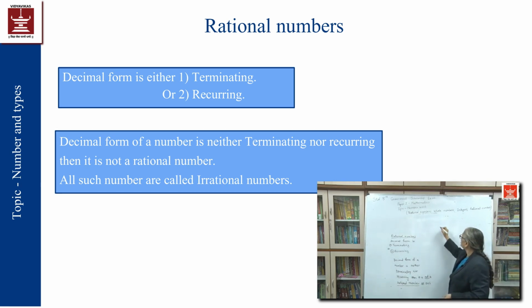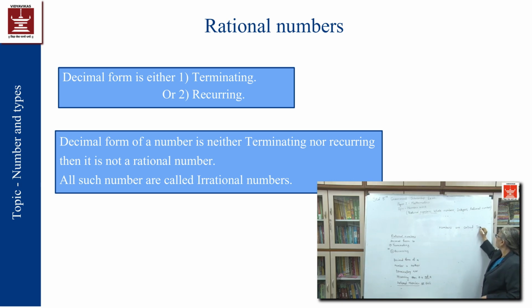All such numbers. Such means what? Neither terminating nor recurring are called irrational numbers.